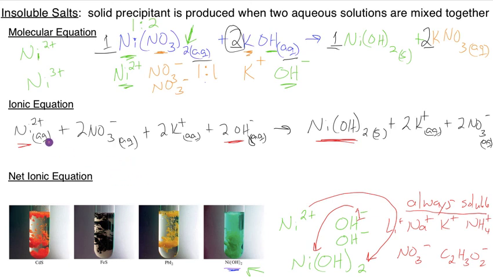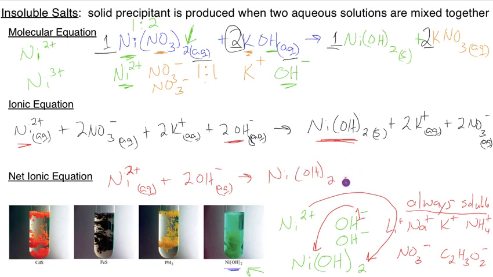So what we do is we take our notation here and we just pull it down into a single expression where we just have 1 nickel plus now 2 hydroxides, both aqueous tags, forming 1 nickel hydroxide molecule.